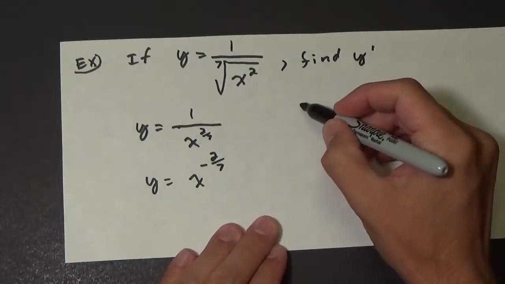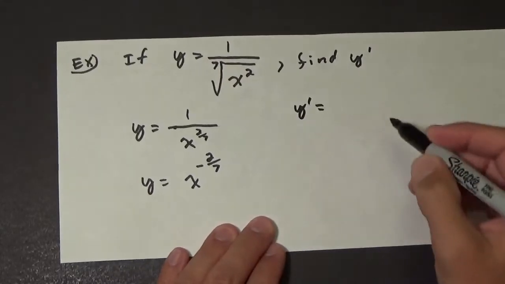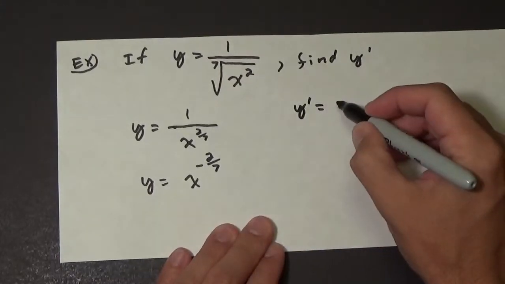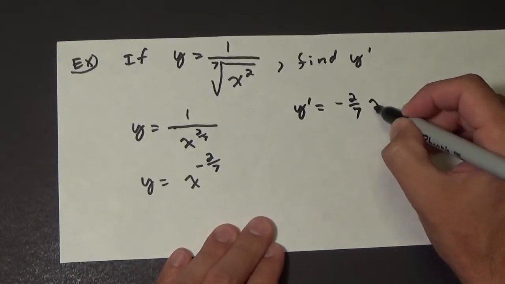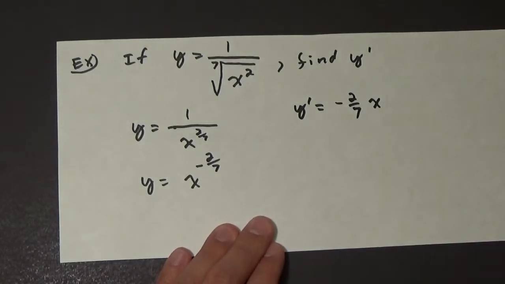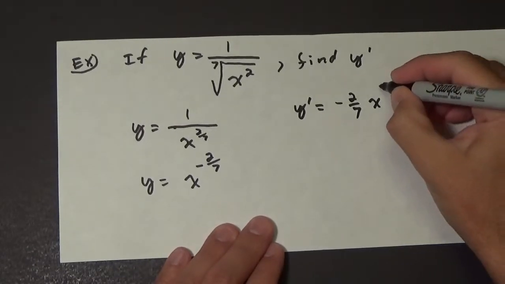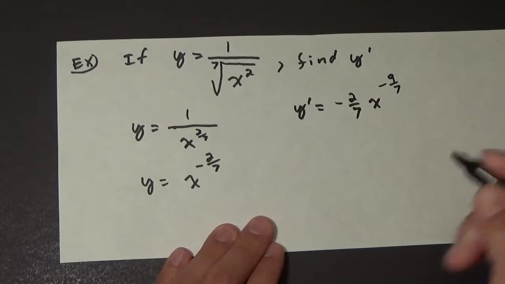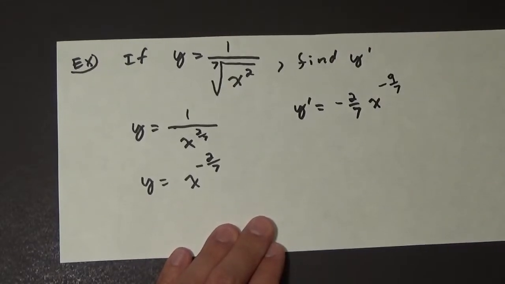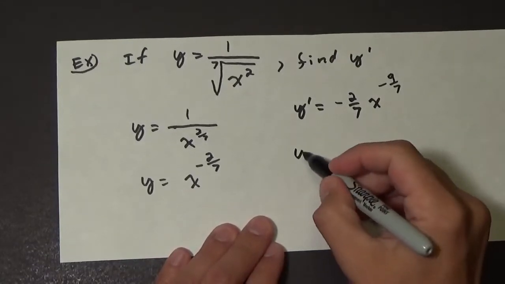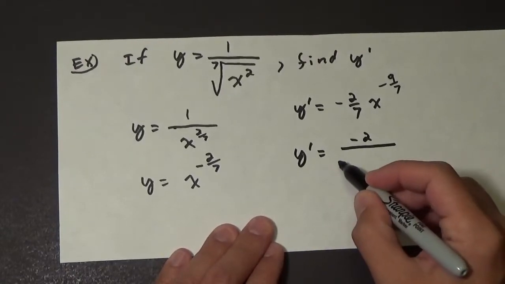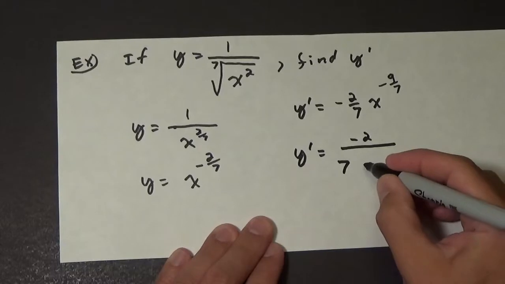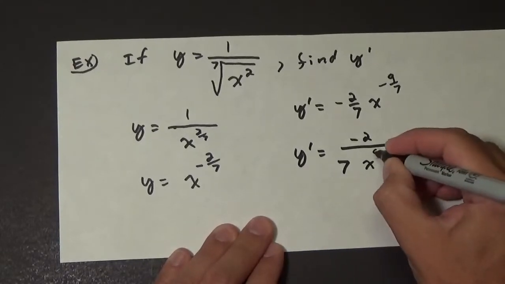Alright, so now we can take the derivative. For y prime, we bring the negative 2/7 out front, negative 2/7 x, and we have to subtract 1, so what's that going to be, a negative 9/7? There we go. So that means y prime is going to be negative 2 all over 7 times x to the 9/7 power.